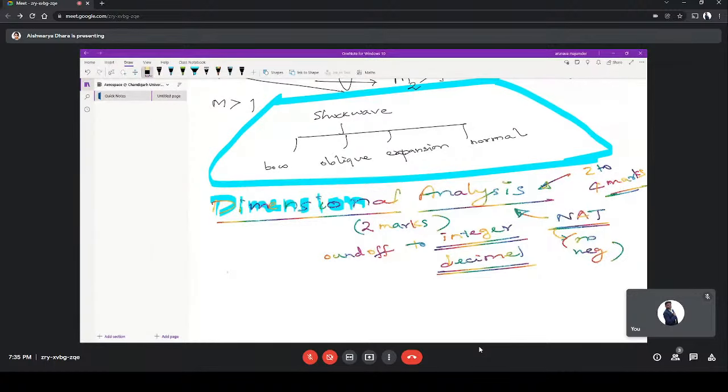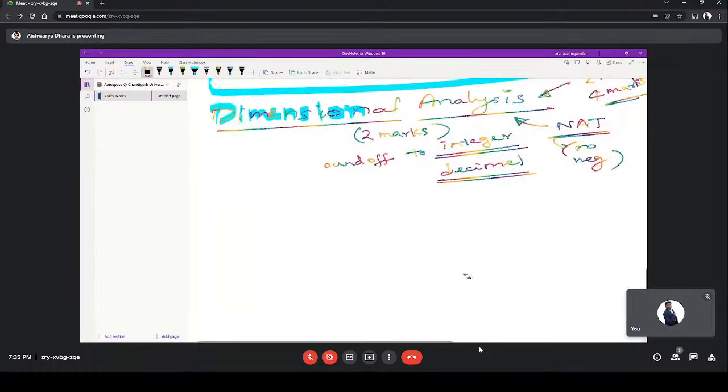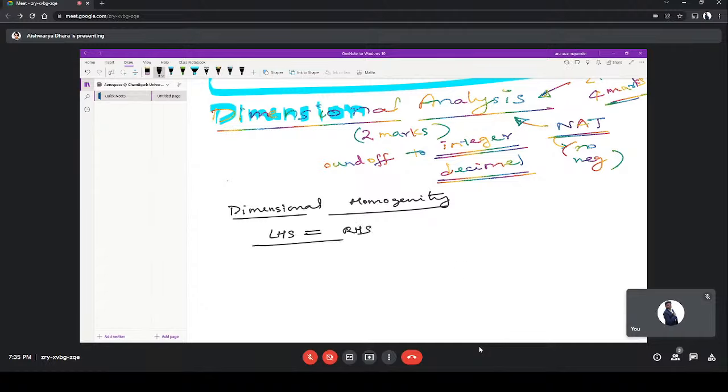Okay, we'll have some more discussions. Coming back to dimensional analysis, the first thing to understand is dimensional homogeneity. There may be questions where you compare the left hand side with the right hand side, which has to be equal.